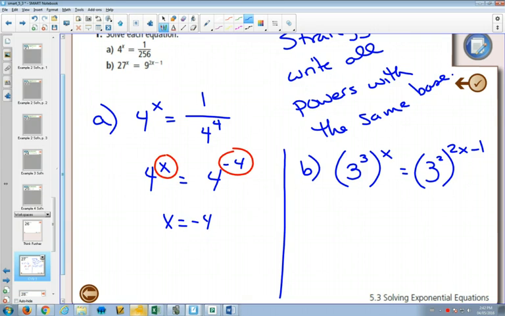Grade 9 exponent rules: what happens when you have an exponent to an exponent? Add, subtract, multiply, divide, give up? Multiply them. So this is the same as 3 to the 3x. And this side is the same as 3 to the 4x minus 2.